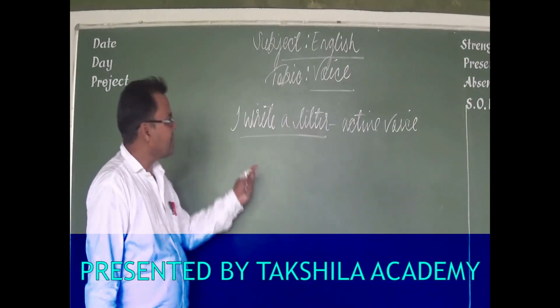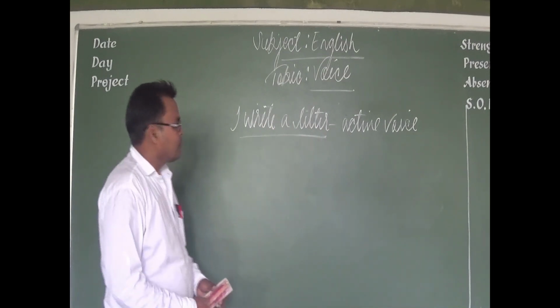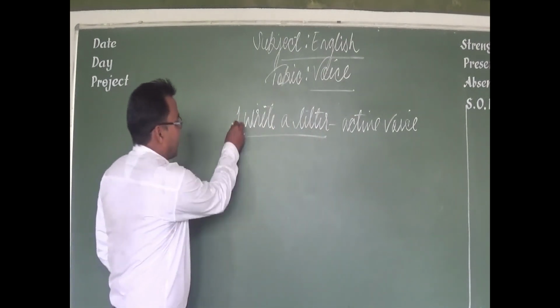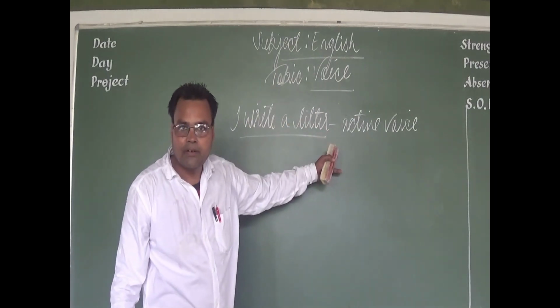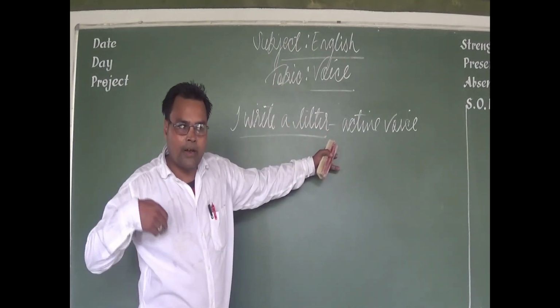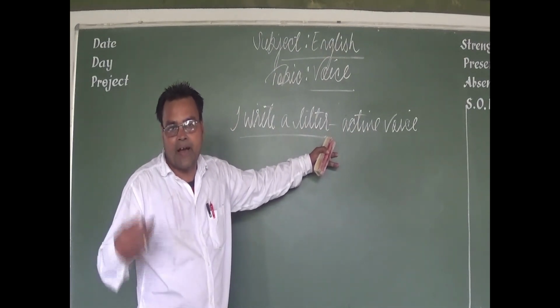See what I have written, I write a letter. This is an active voice, right? So the sentence pattern is I is subject, write is verb, and letter is object, right? So while making it passive, what are the changes we find? Let us see.